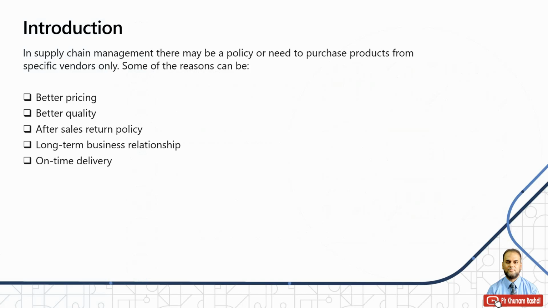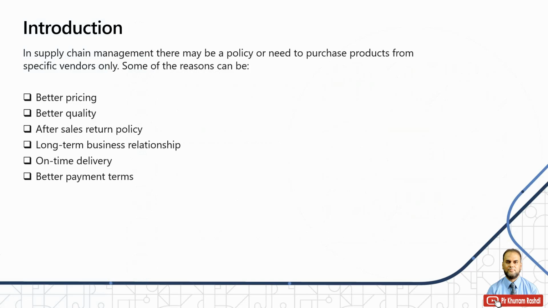Also, when there is a need, like in manufacturing for specific raw products, or for products which are sold to the customer through trading, they provide on-time delivery for those needed products. So this is also one of the factors.